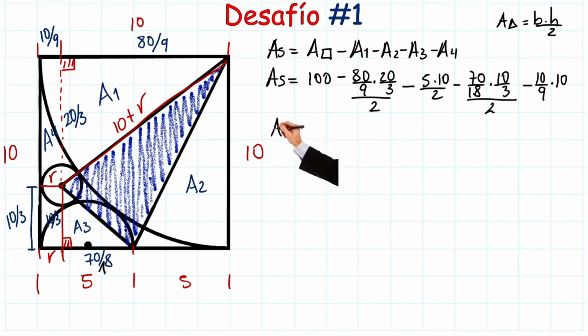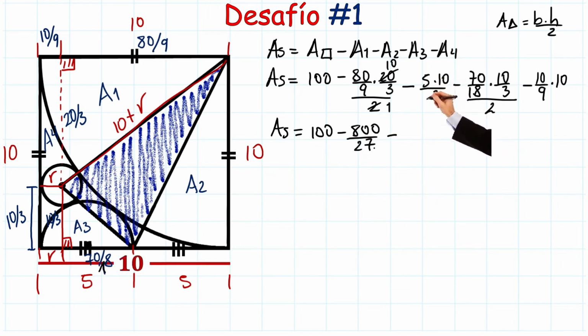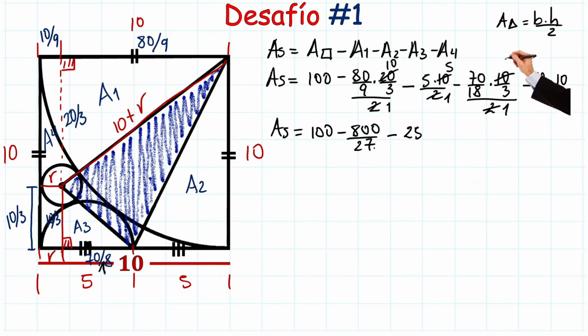Perfect. We have that the shaded area is equal to 100. Over here we can simplify. Of course we can. Half of 1 and half of 20 is 10. 10 times 80 is 800, so 800 over 27, minus... Here we simplify half of 5. 5 times 5 gives 25.